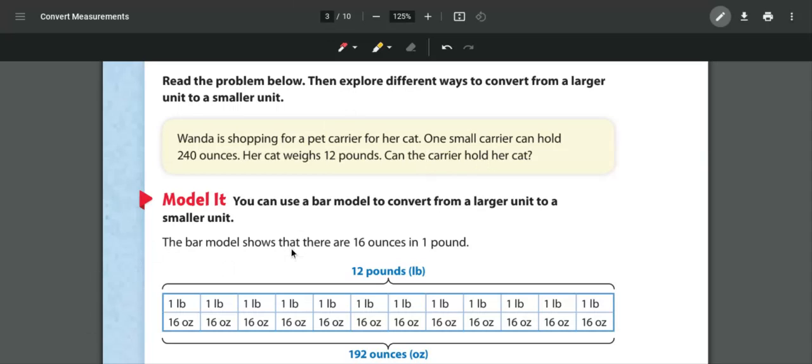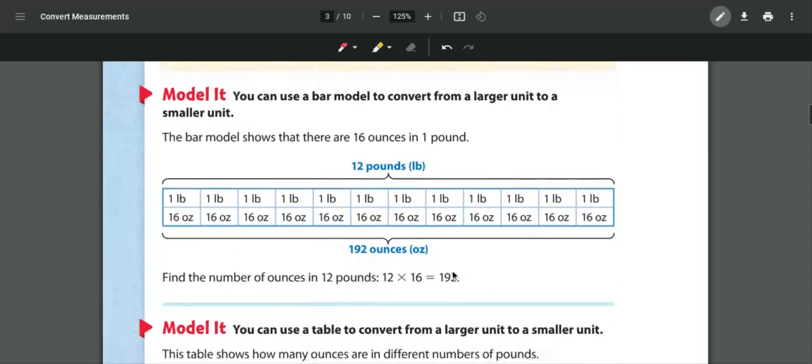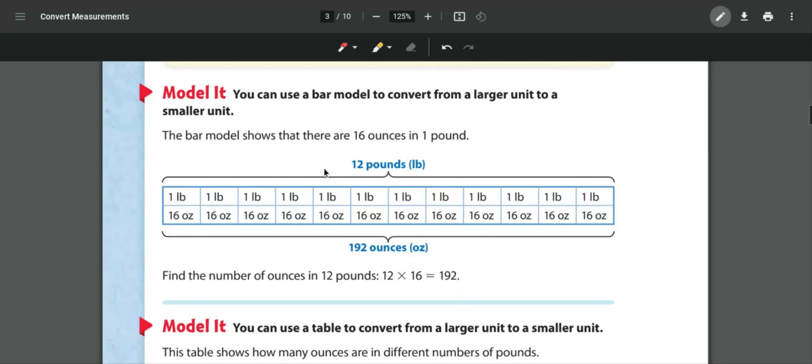Okay, the bar model shows that there are 16 ounces in 1 pound. So we don't even just have to use minutes. We can use it to minutes and seconds. We convert it to pounds and ounces, and inches and feet and all of those different conversions, right? So this bar model shows that there are 16 ounces per pound and that there are 12 pounds.